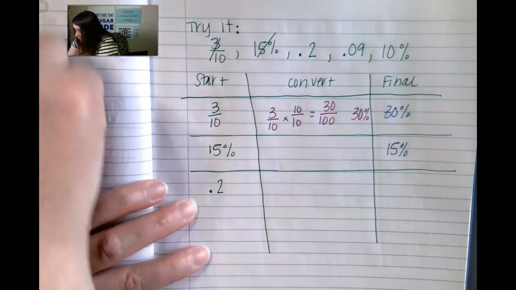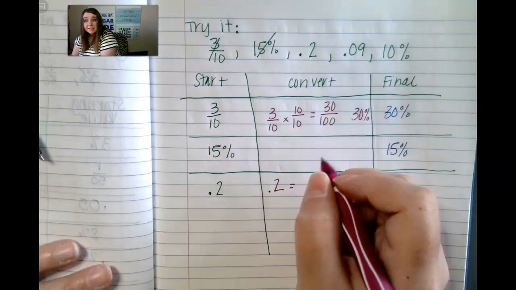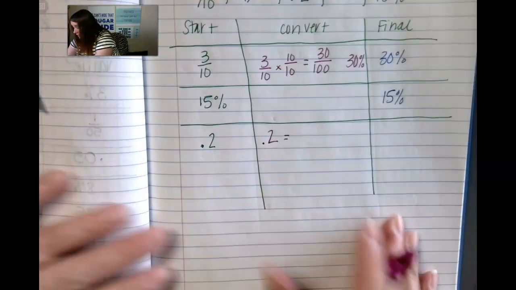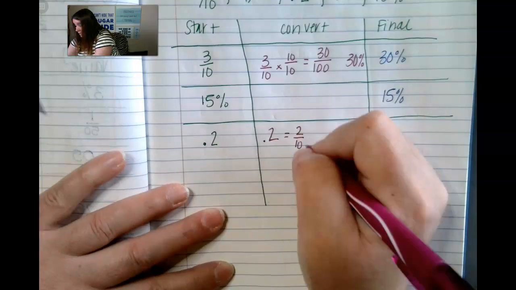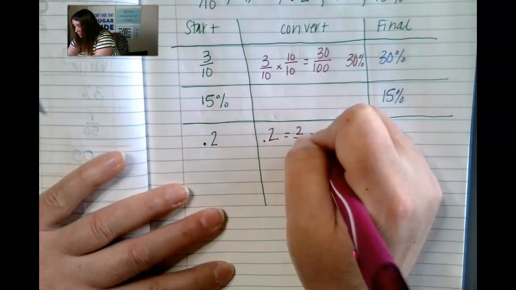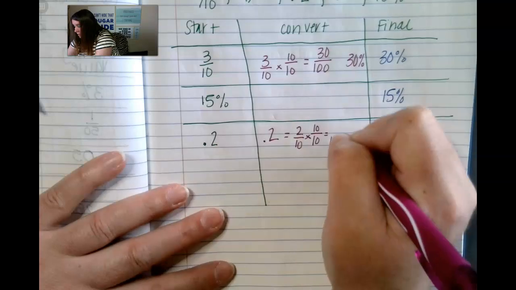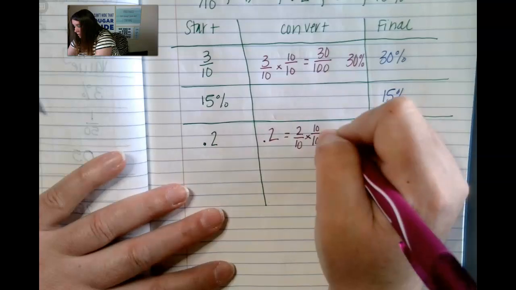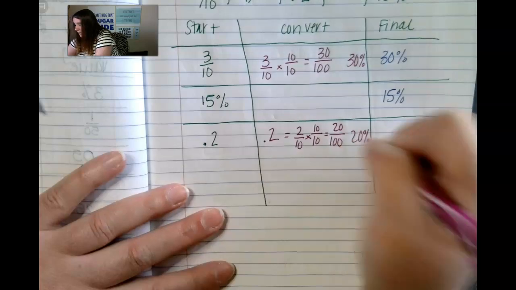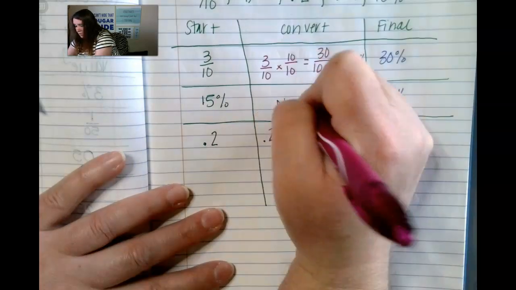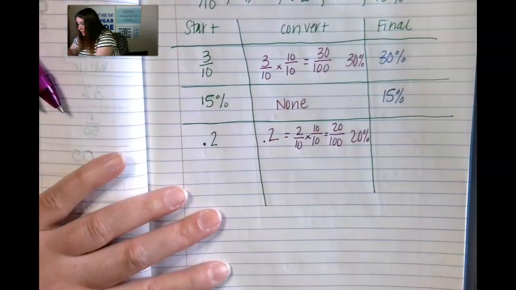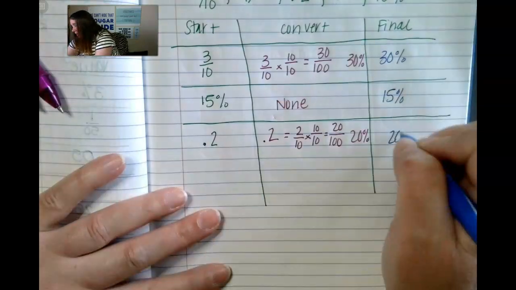To convert this one, I'm going to take 2/10 and write it exactly as it sounds. 2/10. I'm going to multiply by 10 to equal 100. 2 times 10 is 20, so this one is 20%. So my percentage that I'm comparing out to the side is 20%.